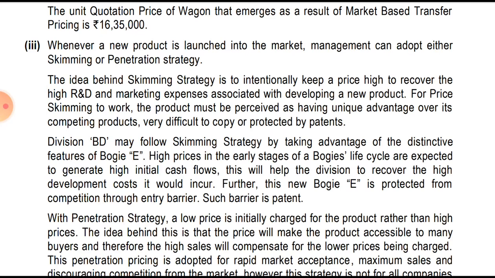So BD may follow a skimming pricing strategy for the bogie E class wagon by taking advantage of the distinctive feature of bogie E, because it has a distinctive feature and they have protected this bogie E by a patent as well. So what they have given is a high price in the early stage of the bogie life cycle.